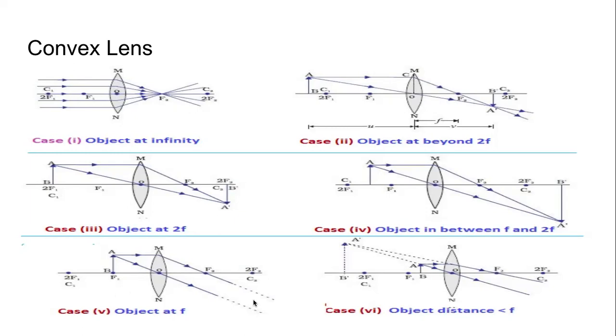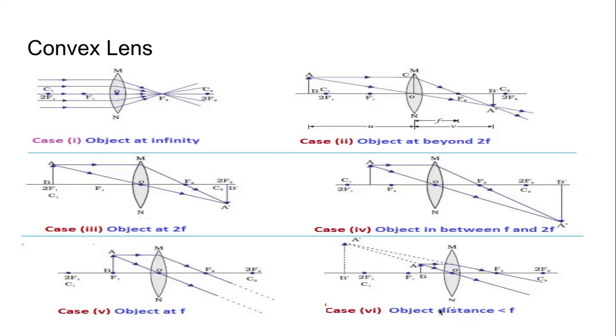Finally, if we go even nearer to the lens, that is between the focus and the optical center. Now, what had happened so far? In case number 1, 2, 3, 4, the light rays after refraction were actually meeting each other. In case number 5, they were parallel to each other.